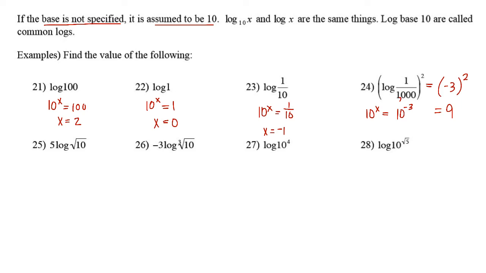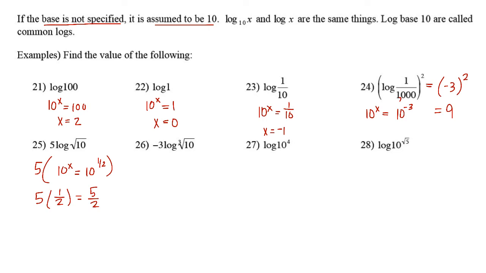Okay, continuing on with our pattern. So for 25, again, it's 5 times what we get here, so 5 times, and again, this is saying 10 to what power gives me the square root of 10, which is 10 to the 1/2. So hopefully we see that x would have to be 1/2, and then 5 times 1/2 would be 5/2.